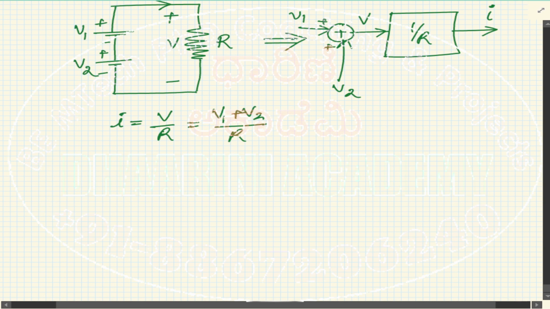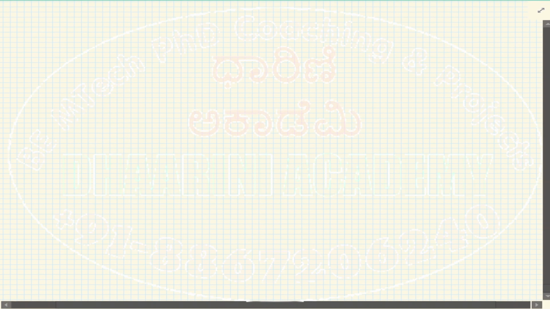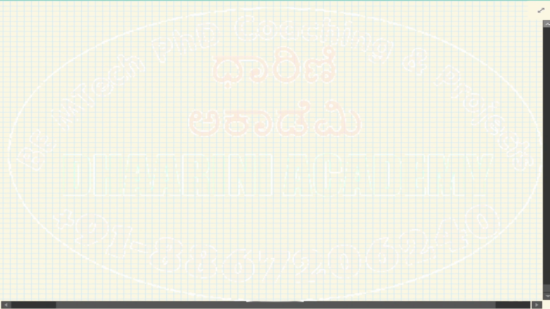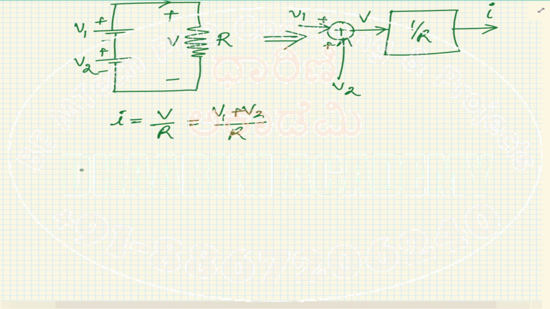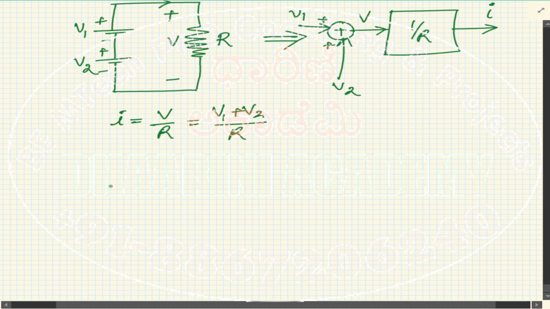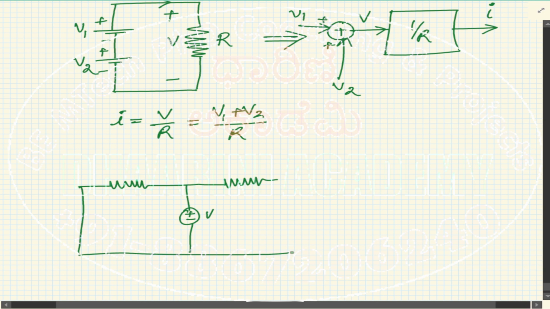So now we are just introducing the block diagram concept, right? So I'll go for another example. This one is fine, right? Let's go for a different one. Let's look at another circuit. We have two resistors, and say I have one voltage source, plus minus V. Let me connect in this way.